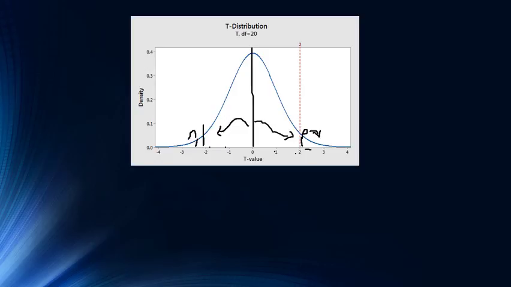Okay, and we'll look at that more in practice. But this is just a chart for you to see what a distribution table looks like, and the t-statistic, which is the t-value that we will be calculating from our mean and our standard deviation.